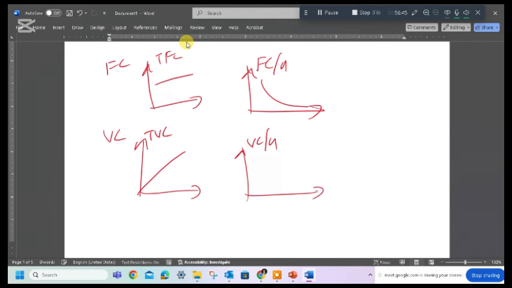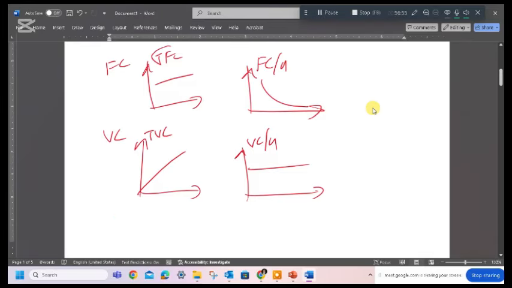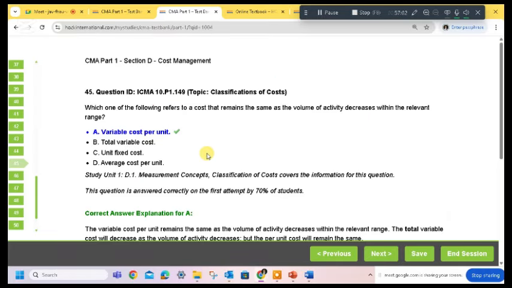Variable cost per unit is constant. Here the question is about the constant thing that remains the same as volume of activity decreases. So either it can be total fixed cost or it can be variable cost per unit. Those are the two that remain the same. Variable cost per unit is there.